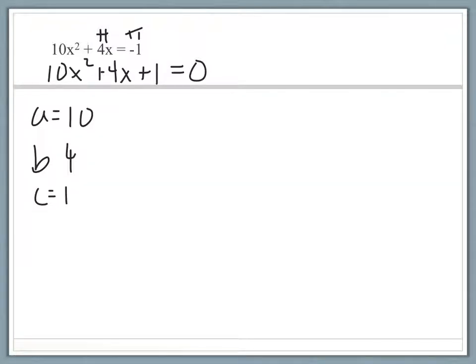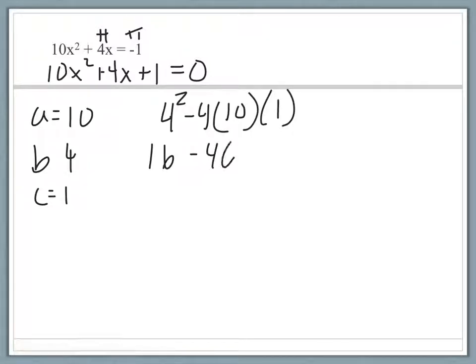Now let's do the discriminant first. So I'm going to have b squared, so 4 squared minus 4 times a, which is 10, times c, which is 1. Now 4 squared is 16 minus 40. 16 minus 40, that's going to give me negative 24.